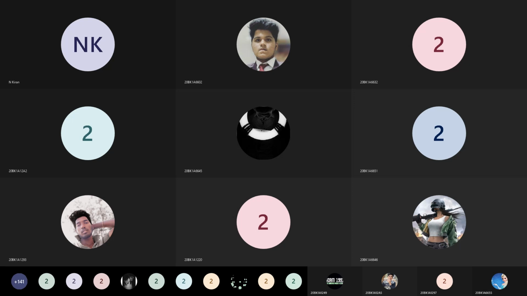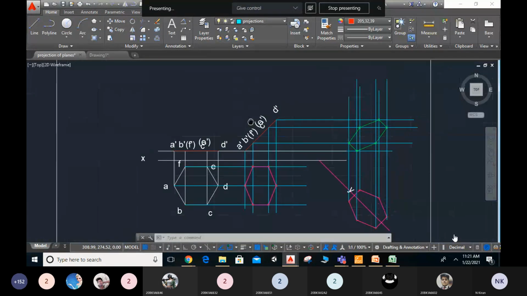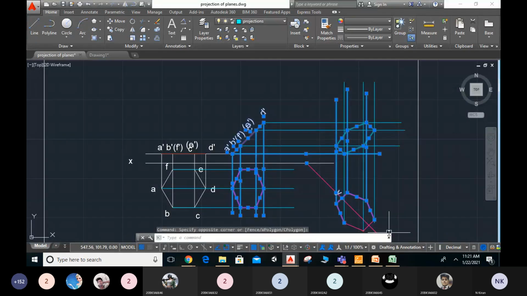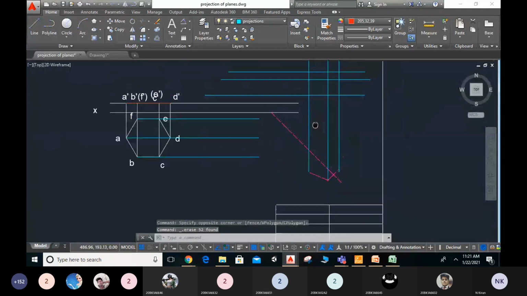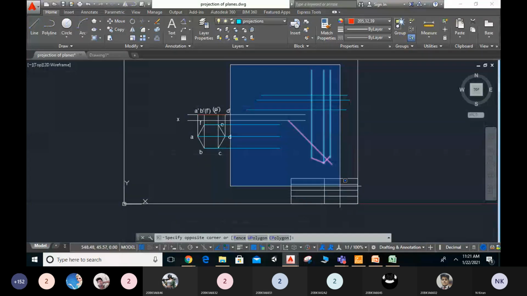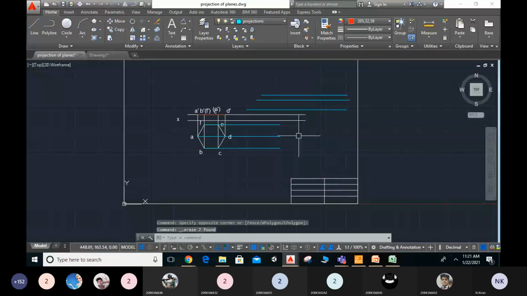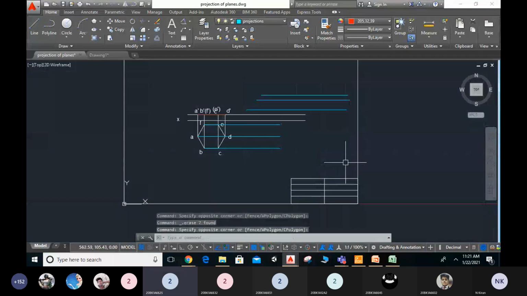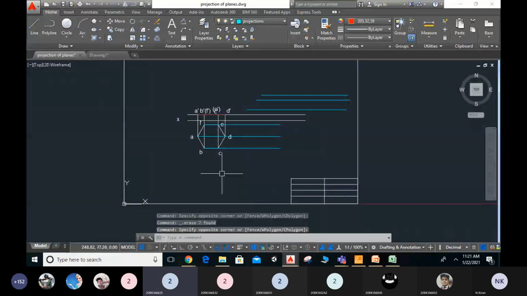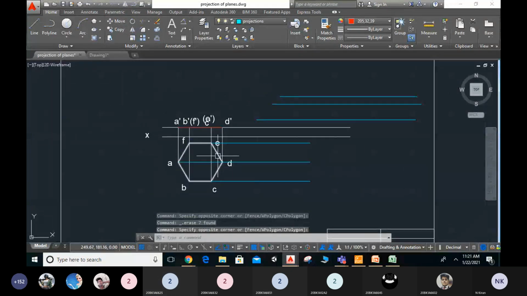See what the condition is saying: resting on HP, hexagonal prism. Is it right? Okay, now I will select this one. See, this is the hexagonal prism, let us assume.